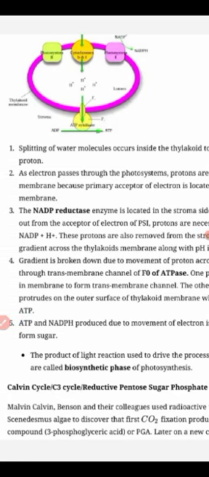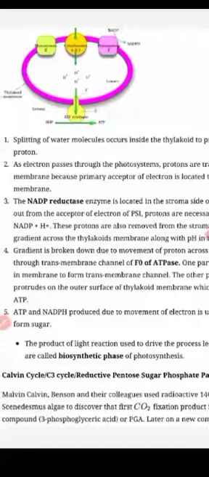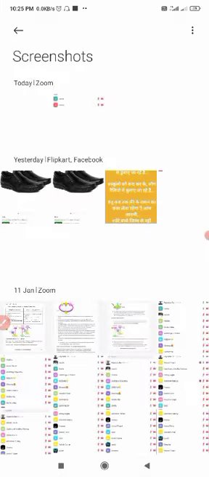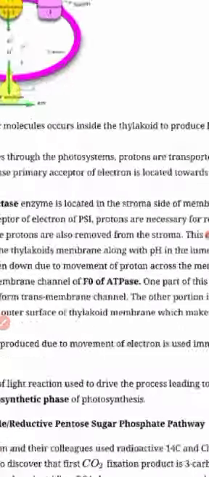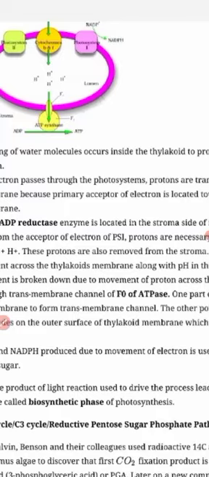this is the Calvin cycle. You can say this is the Calvin cycle or this is the C3 cycle or reductive cycle, reductive pentose sugar phosphate pathway. So here in this diagram, see this, what is this?